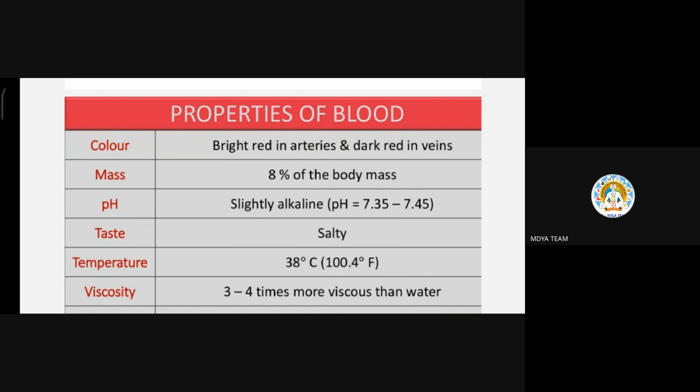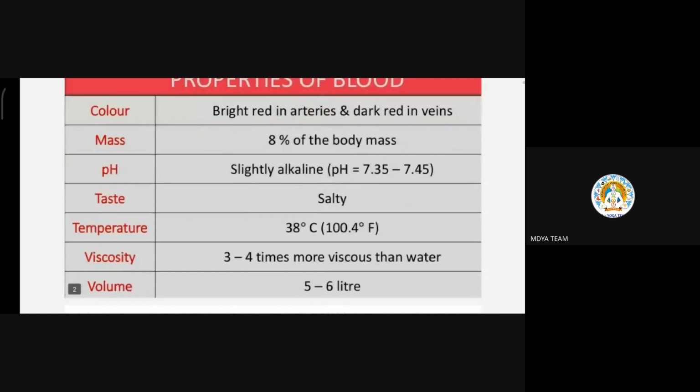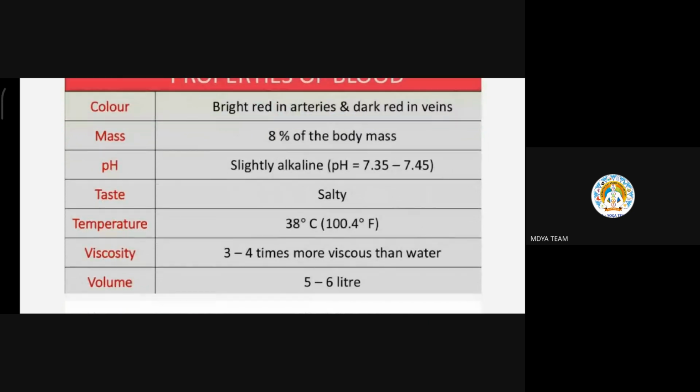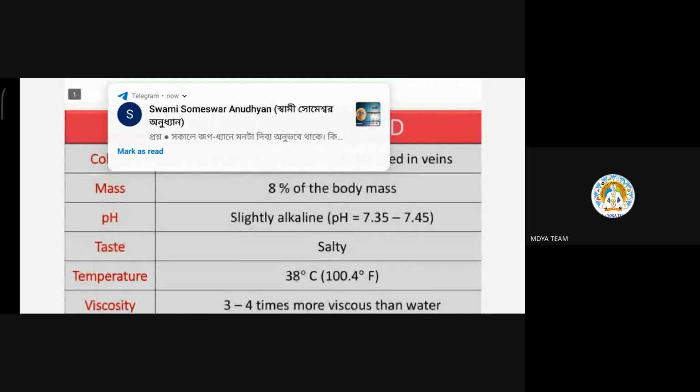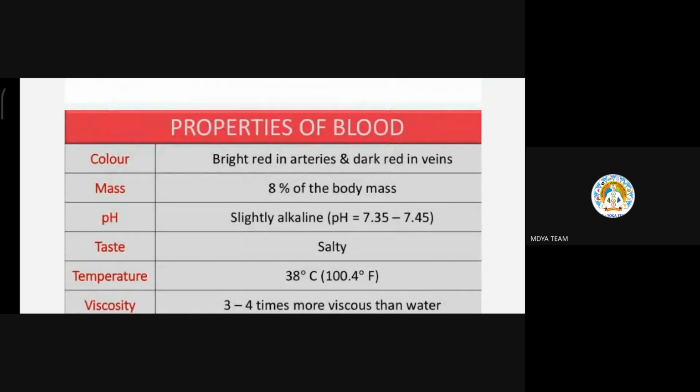Okay, then it may be my fault. I'm sorry for that. Then it is 8, not 80. So 8% means if your body is about 100 kilo, then 8 kilo of your body is blood.